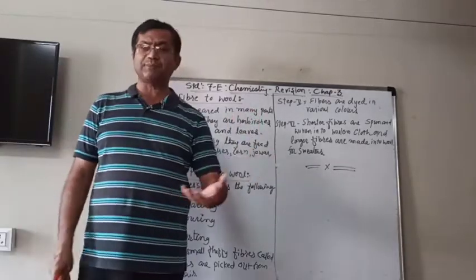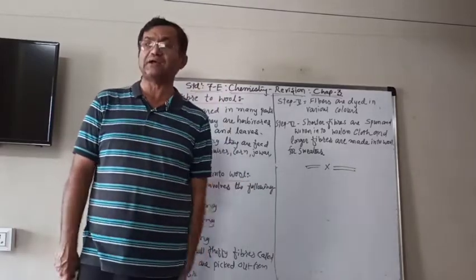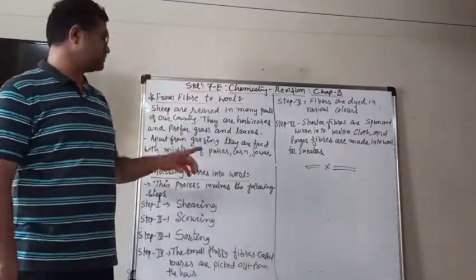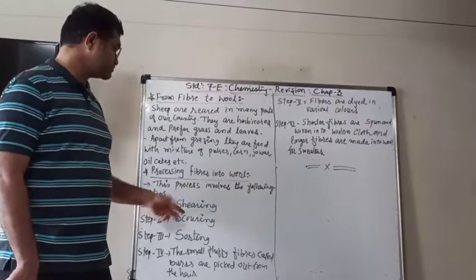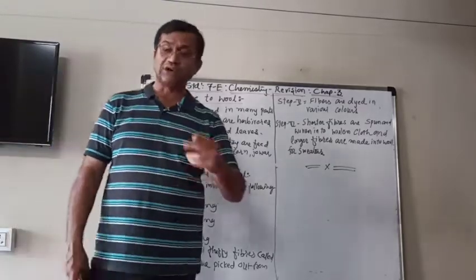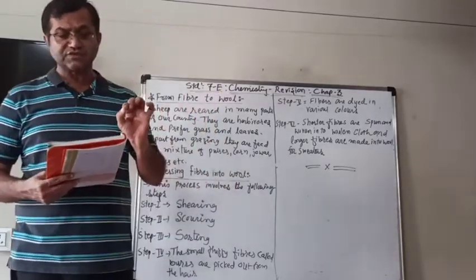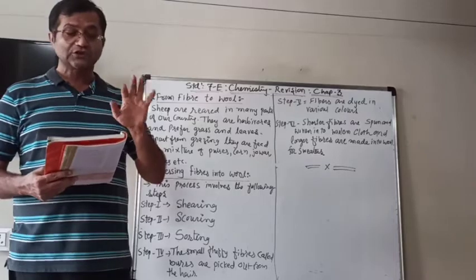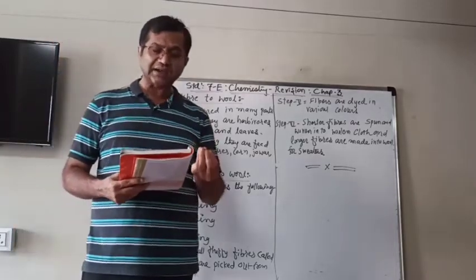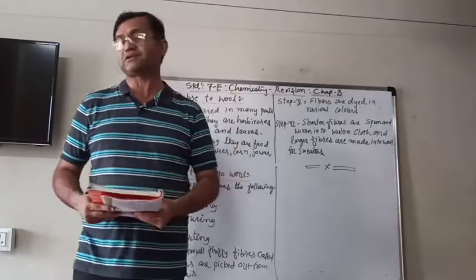Now the second step. From the first step, what did we do? We just shaved that hair along with the skin, which was known as shearing. Now the second step is known as scouring. What is that? That we are going to know. The shed skin with hair is thoroughly washed in tanks to remove grease, dust and dirt.